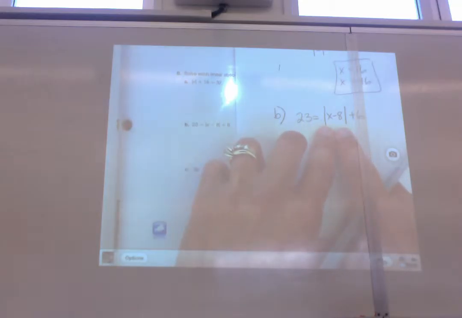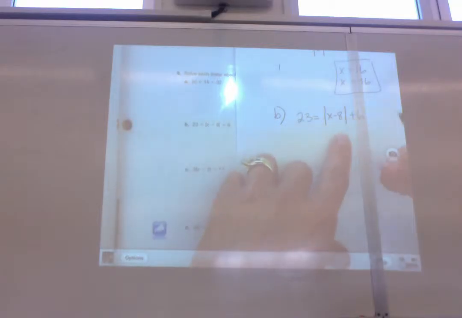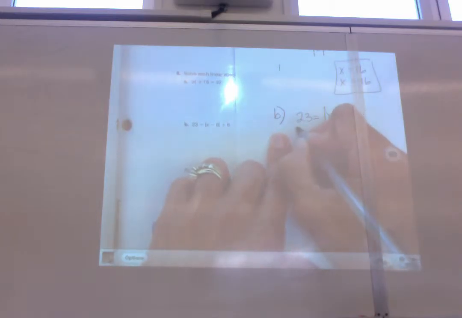Again, the absolute value has something added to it. I don't want that there. I need to get the absolute value by itself before I can think about this positive and negative option. How do I get rid of a 6? Minus a 6 from this side of the equal sign and the other side of the equal sign.